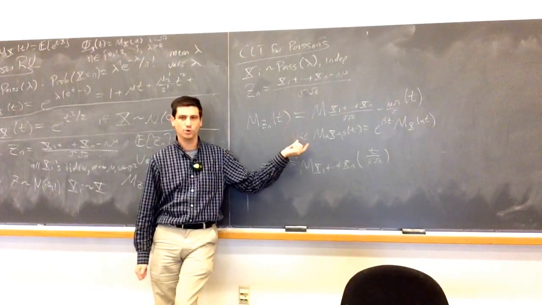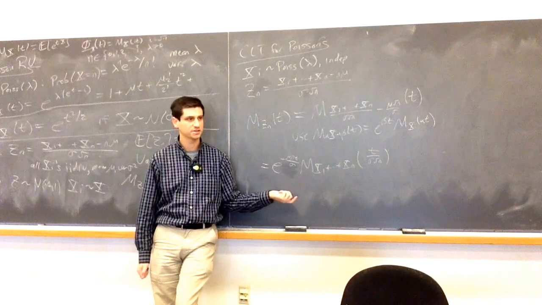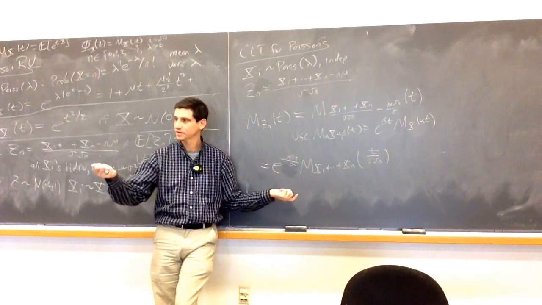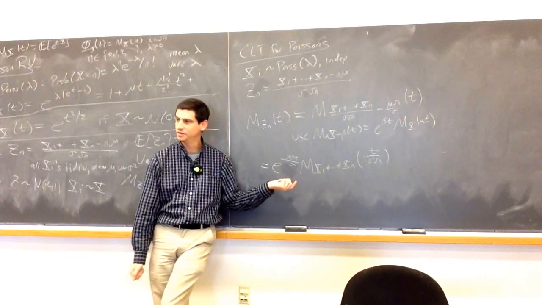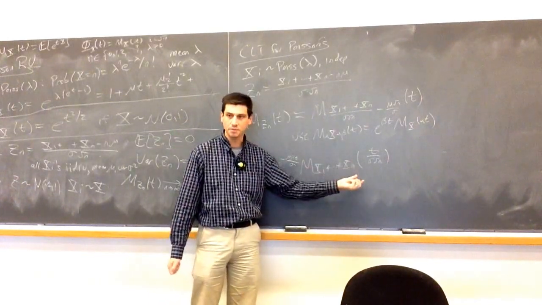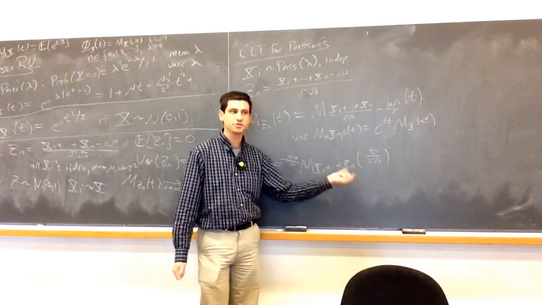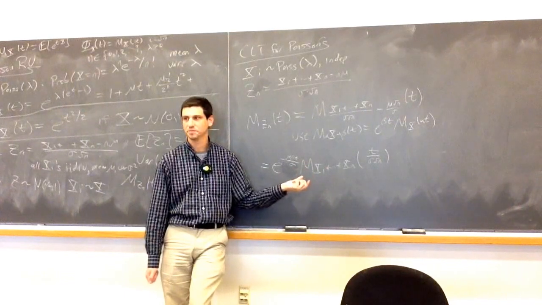What's the next fact we're going to want to use? What comes next? I'm sorry? Okay, what about the convolution? So we turn this into a product. The moment generating function of a sum is the product of the moment generating functions if they're independent. This is why we love the moment generating function.